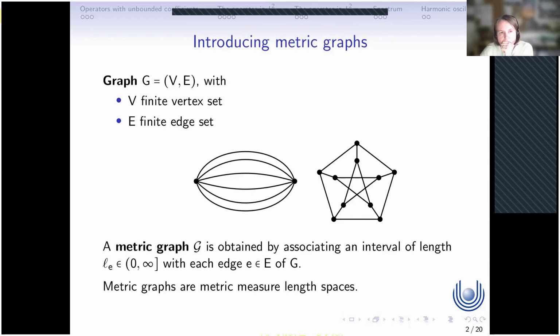And this turns a combinatorial object into a metric measure space with respect to the classical distance, so Euclidean distance on each edge, and then the classical path metric on this new structure, and Lebesgue measure typically, or maybe some other measures that we will see. So we have a metric measure space. We can define on each edge some differential operator, and this paves the road to the development of operator theory and partial differential equations on metric graphs.